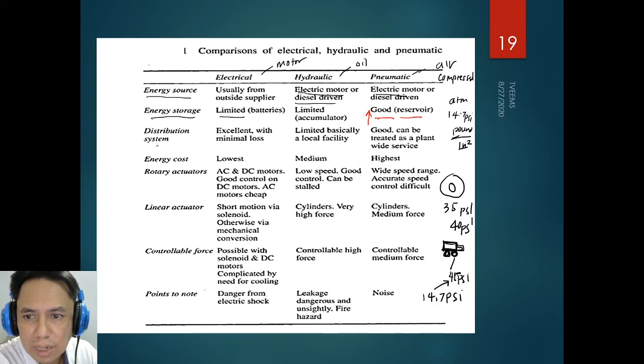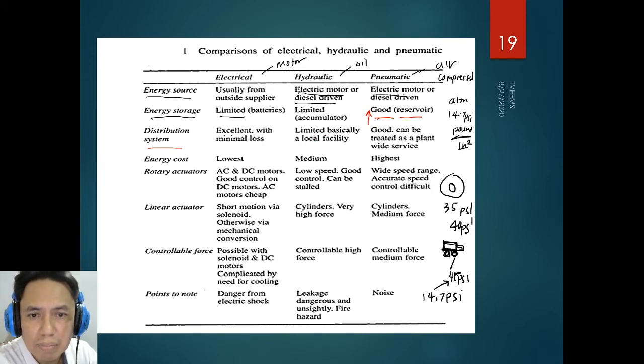So here we go to the next criterion, the distribution system. Excellent with minimal loss: electrical. We see the efficiency of electrical, especially now that we have a sophisticated control system in distributing electrical power.